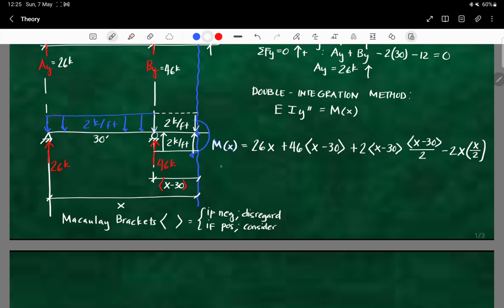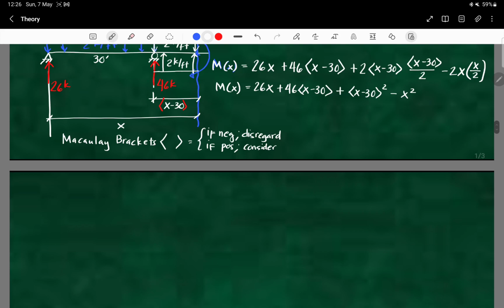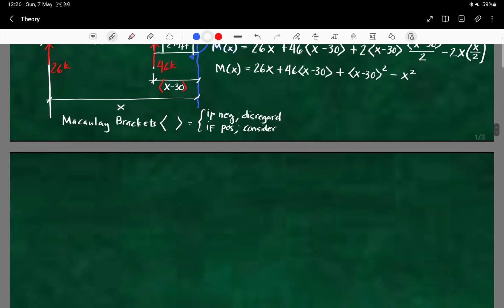So pwede nating i-simplify ito. So we have 26x plus 46 x minus 30 plus we have x minus 30 squared and then minus x squared. Okay, so ngayon balikan natin to sa double integration.